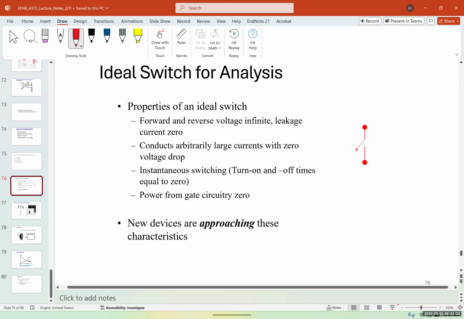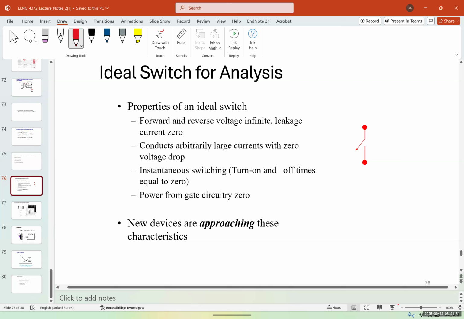Again, the forward connection or the on part, you have 0 loss because we have 0 voltage drop. The forward voltage bias, again, it's 0. The instantaneous switching or turn on and turn off time is equal to 0. So it immediately goes from on to off and off to on.